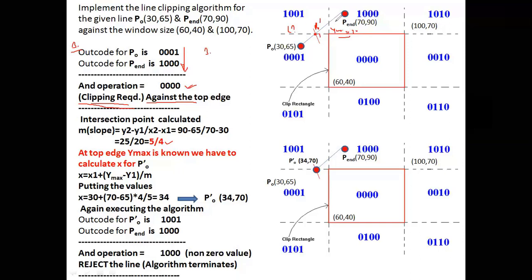If I draw any line across this edge, let's say this, you can see x is varying and y will remain the same. So here I have to calculate the x value, and the y value will simply be y max.